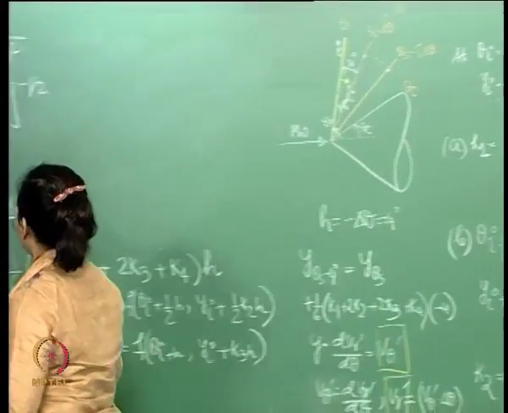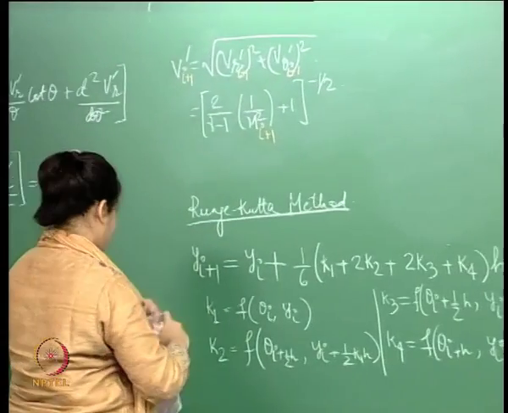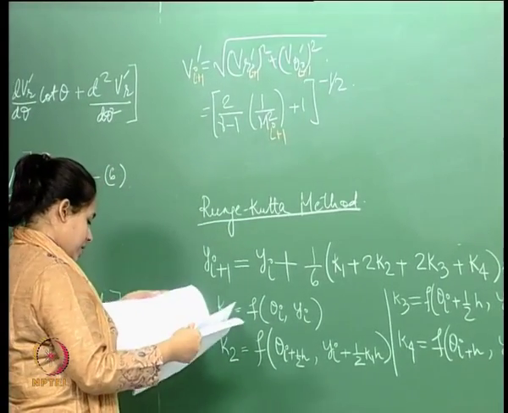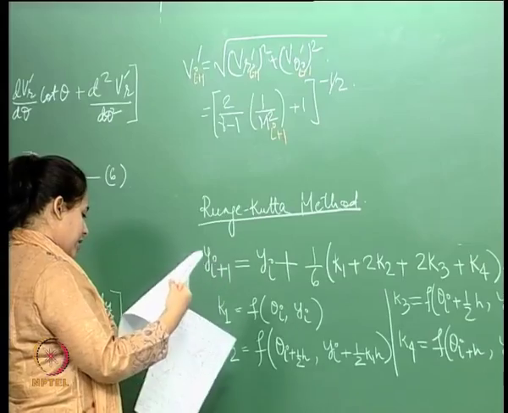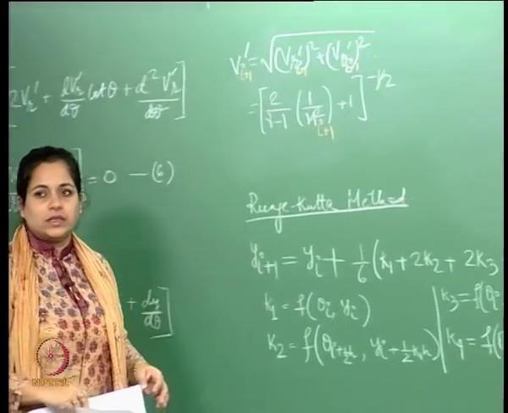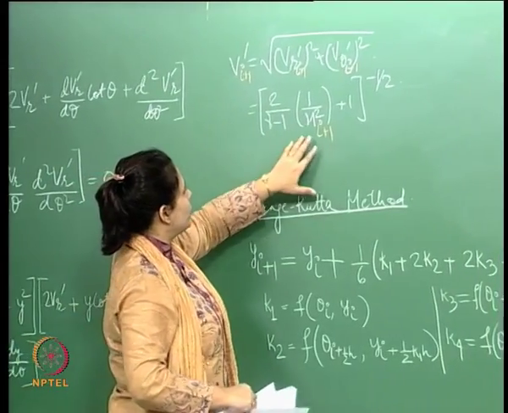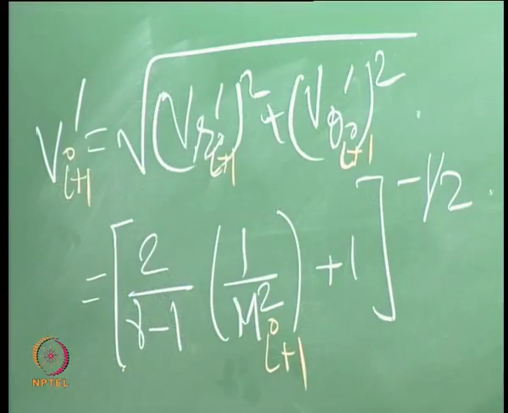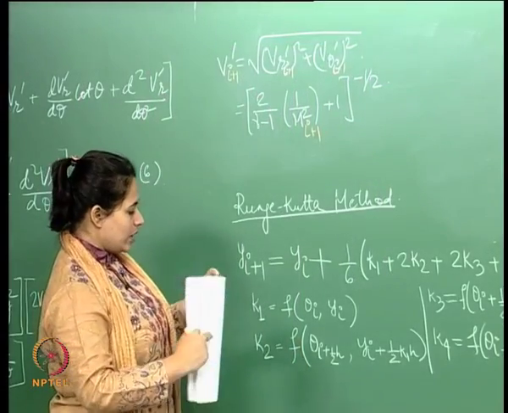Now that we have this, of course, we can calculate all the properties, temperature, pressure, density, etc., because now we have the Mach number. That is basically the solution to this problem.